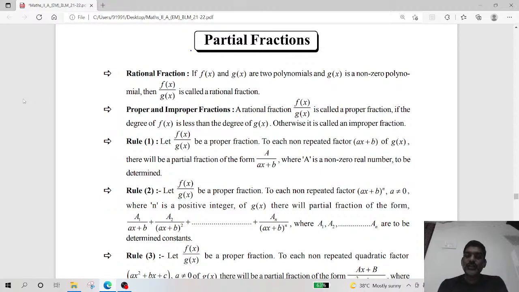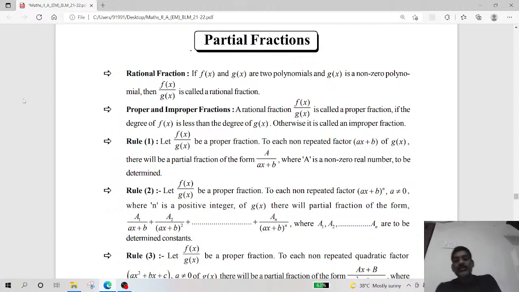To each repeated factor (ax plus b) whole power n, where n is a positive integer, of g of x, there will be partial fractions of the form A1 divided by ax plus b, plus A2 divided by (ax plus b) whole square, plus A3 divided by (ax plus b) whole cube, and so on, plus An divided by (ax plus b) whole power n, where A1, A2, A3 and so on, An are constants to be determined.